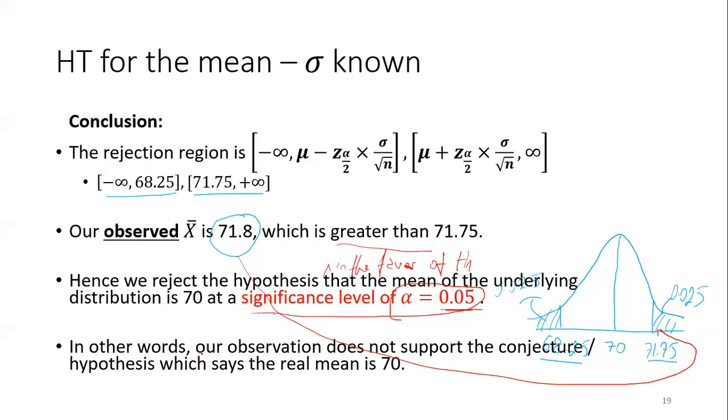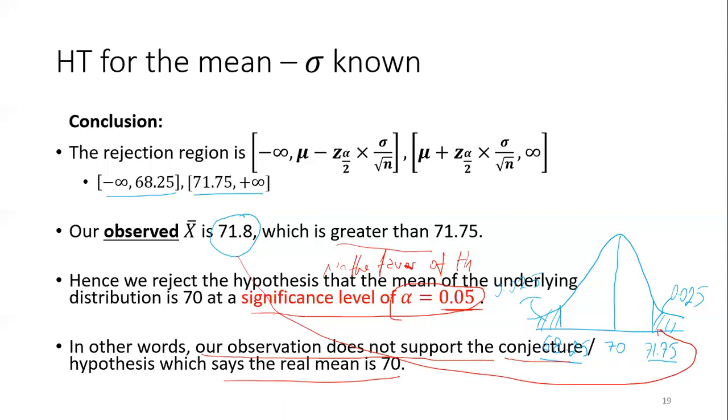So our observation, which is 71.8, does not support the conjecture or hypothesis which says that the real mean is 70. What does this mean in terms of daily life?